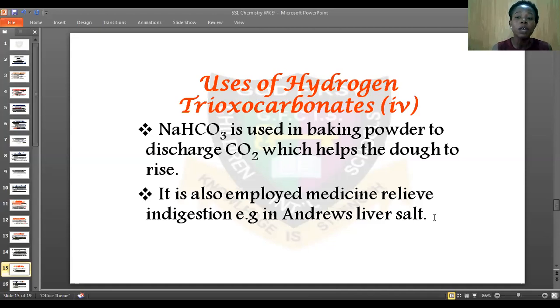With those mixtures, it will produce carbon(IV) oxide, which helps dough to rise. Then sodium hydrogen carbonate(IV) is also employed in medicine to relieve indigestion. For example, in Andrews liver salt, you have sodium hydrogen carbonate(IV), which helps to relieve indigestion.